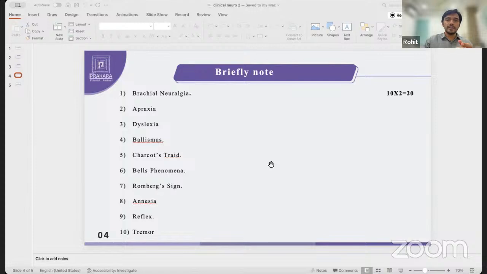Then the next question is amnesia. Amnesia is nothing but memory loss. It can be classified in various ways. One way of classifying it is anterograde amnesia versus retrograde amnesia. In anterograde amnesia, new memory is not formed or not encoded after an insult to the brain.